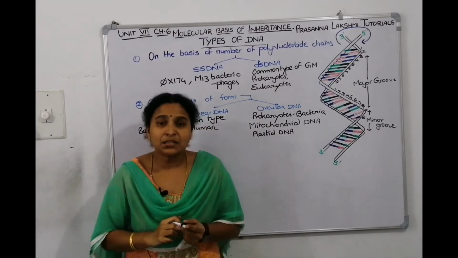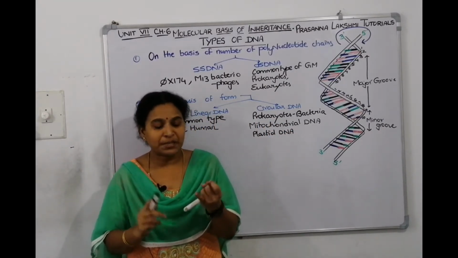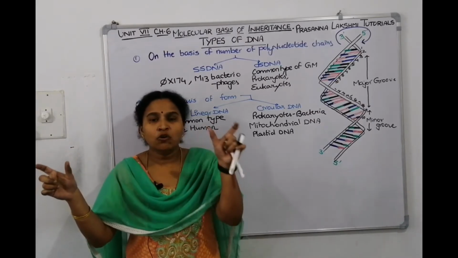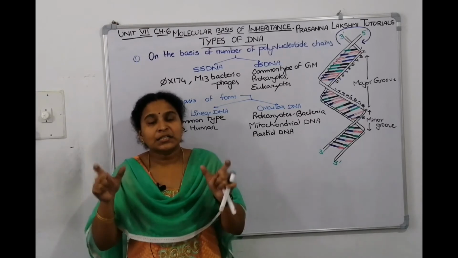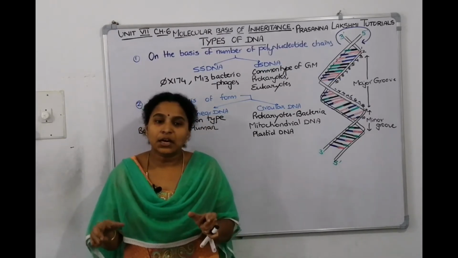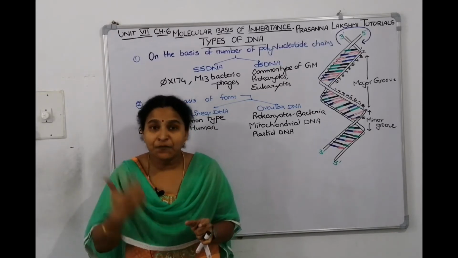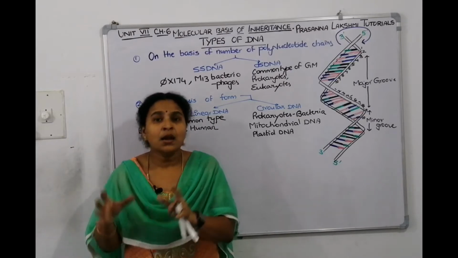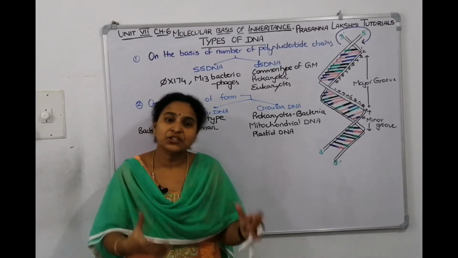So on one basis, we have done the classification based on the number of polynucleotide strands: one polynucleotide, single stranded DNA; two polynucleotides, double stranded DNA. The second one is on the basis of their form, whether it is linear or circular. The third one is based on the genetic information, whether it is having hereditary information, which means it is nuclear DNA, or it is not having genetic information, extranuclear DNA.